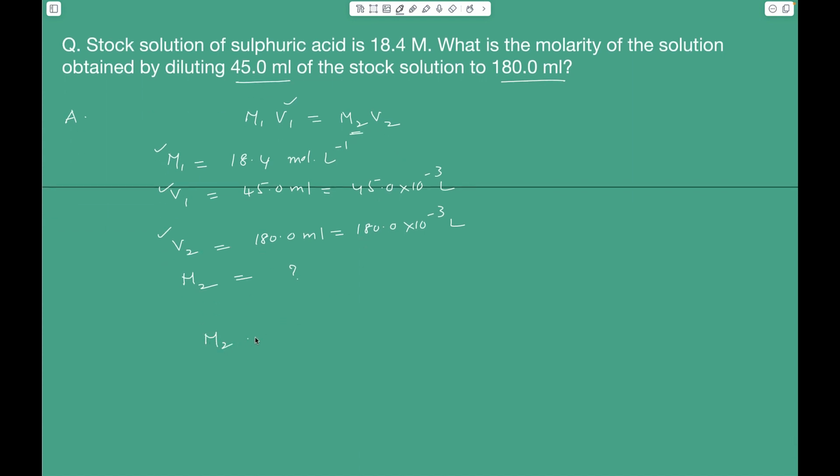So M2 will be equal to M1 times V1 over V2. M1 is 18.4 mole per liter, V1 is 45 times 10 to the power of minus 3 liters over V2 is 180 times 10 to the power of minus 3 liters. Cancel these two and simplify this to get the value of M2, again in mole per liter.